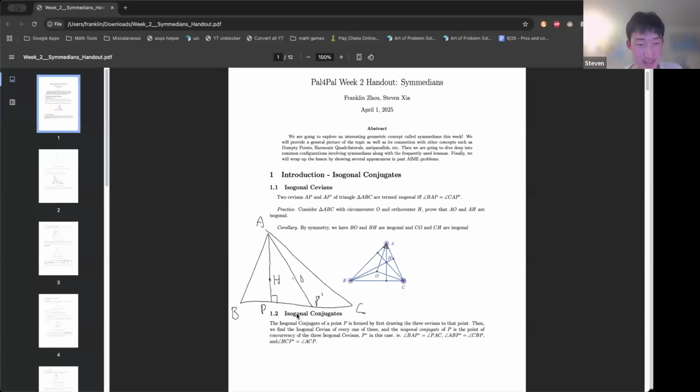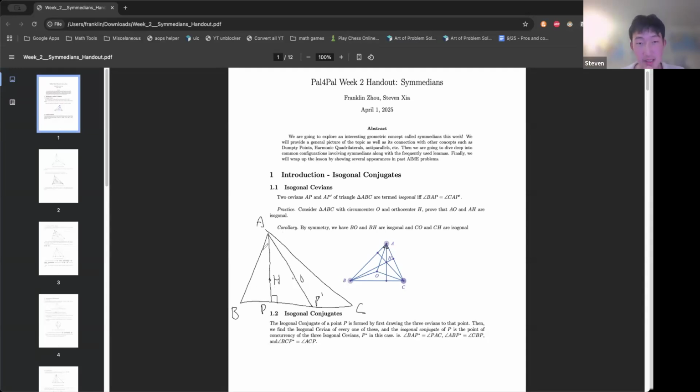First of all, do you understand what I'm trying to ask here? What does it mean to show AO and AH are isogonal? BAH equals CAO.